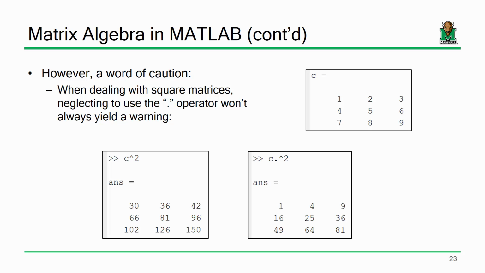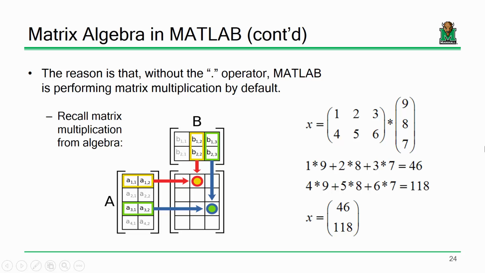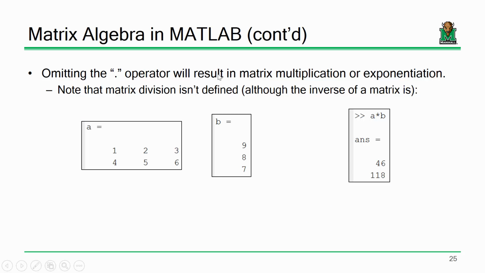So there's 21 plus 8 plus 1 is 30. So it's doing some calculations if you square a square matrix, but it's matrix multiplication. And so just a word of warning about that. If you forget the dot operator, sometimes it's not going to give you an error message when you'd be better off having one if what you really want to do was multiplication of the individual elements.